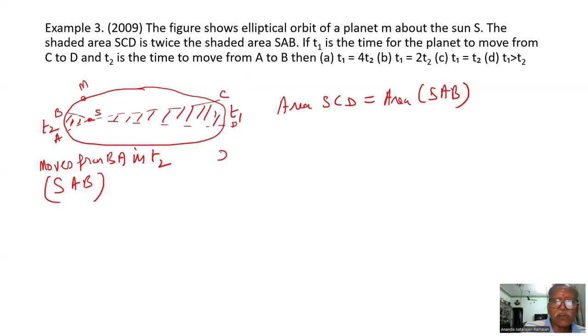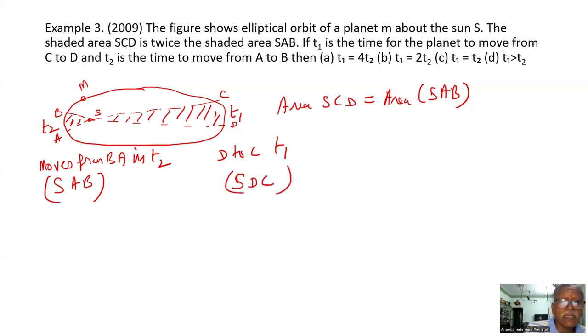As it moves from D to C in time T1, it covers the area SDC.